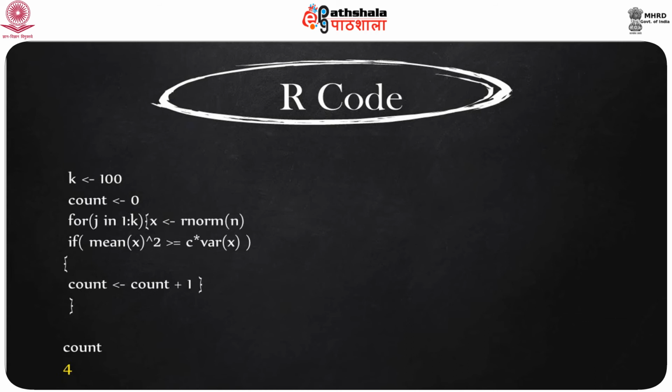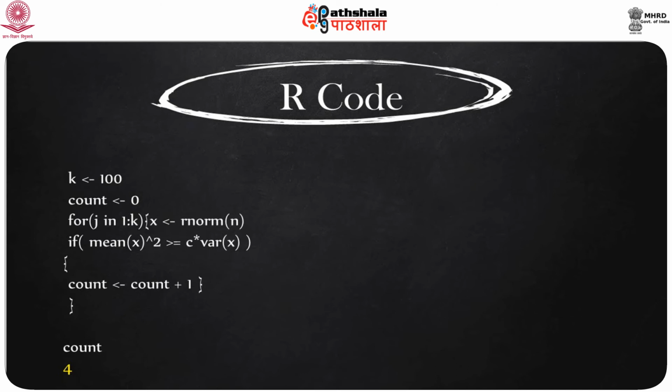Next, we are fixing the variable count to be 0. This is a variable which counts the number of times the confidence interval failed to contain the value of the parameter. Next, as told earlier, we are drawing 10 random values from the standard normal distribution and storing them within X.